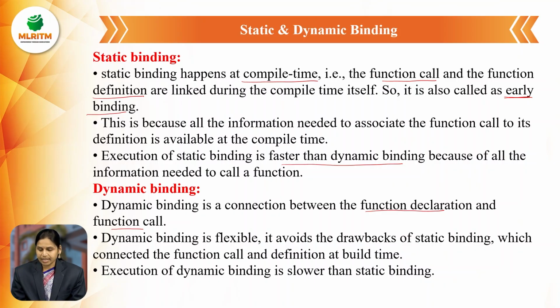When we consider execution time, dynamic binding is slower than static binding. Static binding contains some drawbacks that are overcome by using the dynamic binding concept. Dynamic binding is very flexible. It avoids the drawbacks of static binding.